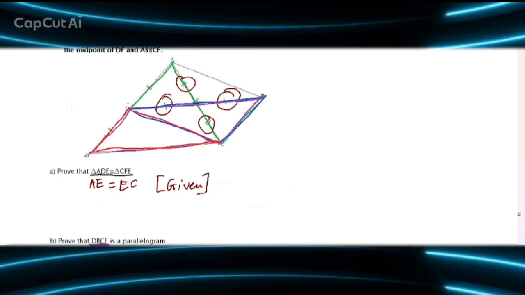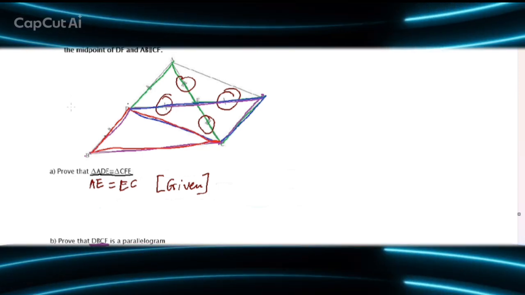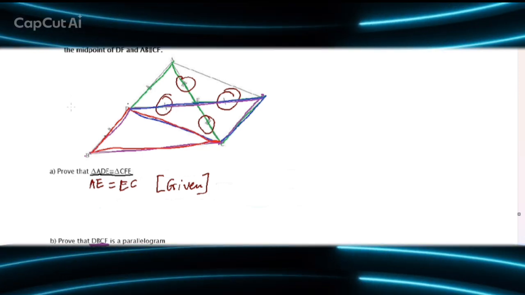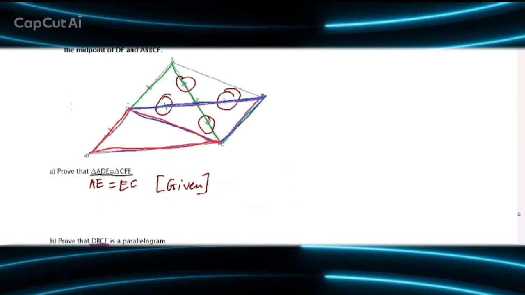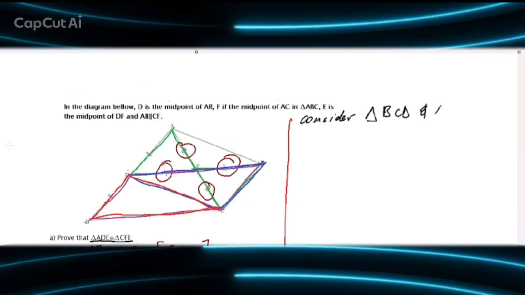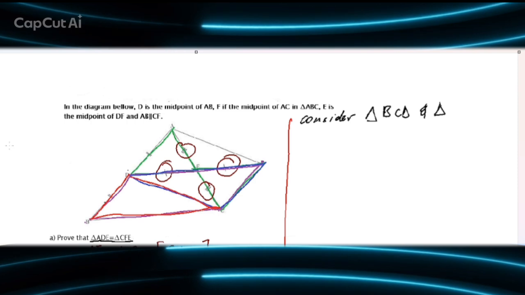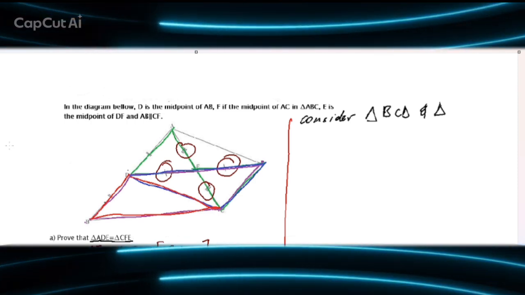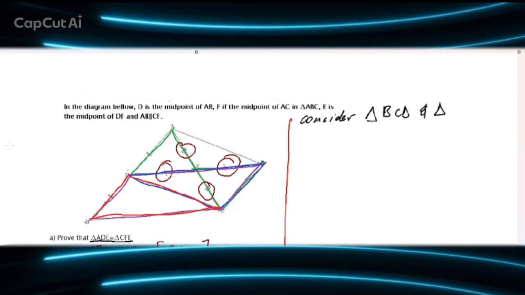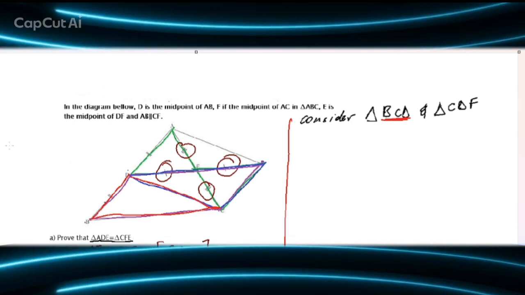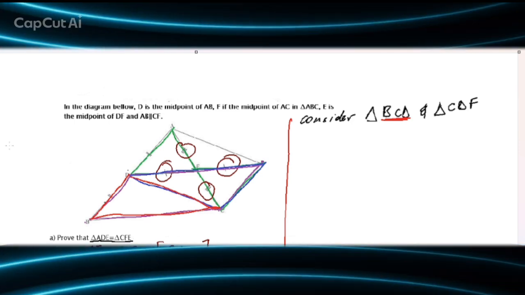First things first, I'm going to consider the two triangles, triangle BCD and triangle DCF. We're just going to consider these two triangles, starting with the red one.